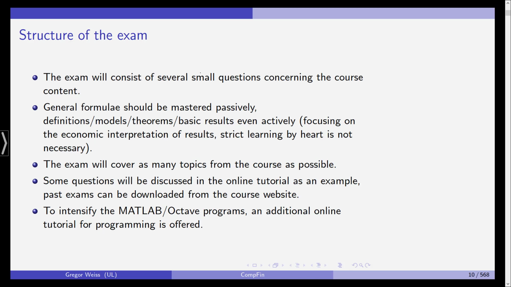Matlab is a math program. Octave is the open source variant of Matlab. If you don't have Matlab, it's virtually the same. You don't need any programming skills for this class or for the exam. But if you're more interested, you're free to take the online tutorial for Matlab Octave programming to get a better understanding of the programs.